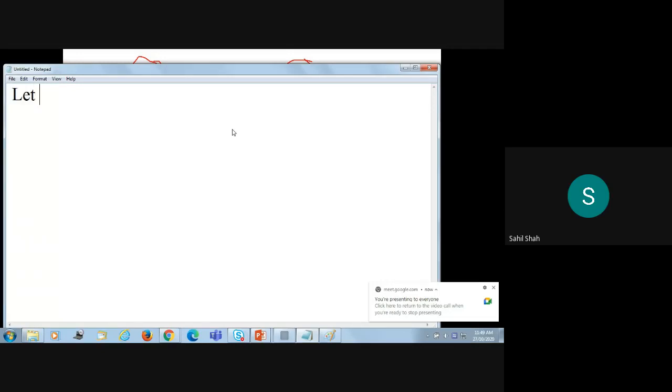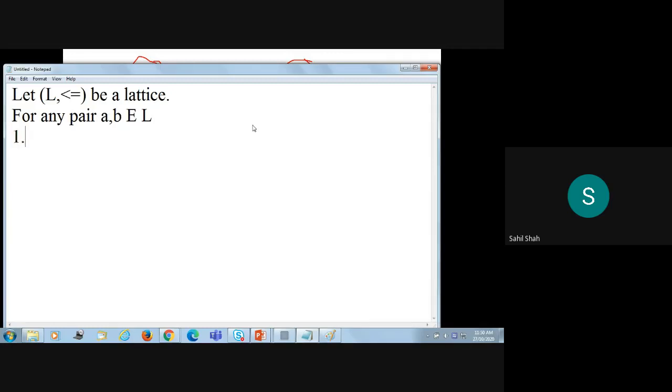Let L comma less than or equal to be a lattice, for any pair A comma B belonging to L. First one is the LUB of A comma B, which is given by A join B. You will be reading it like this.